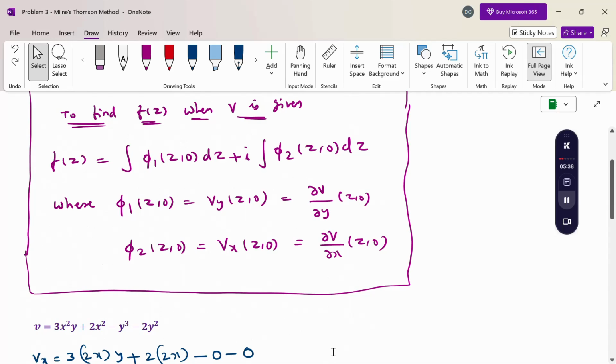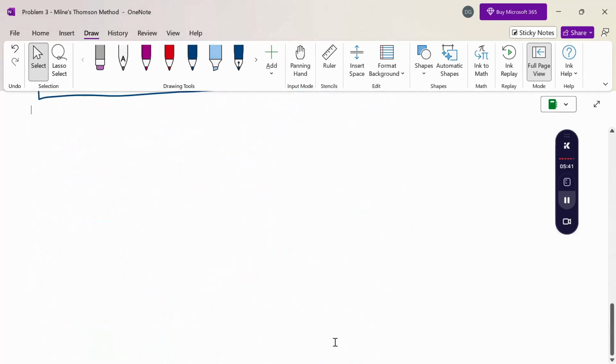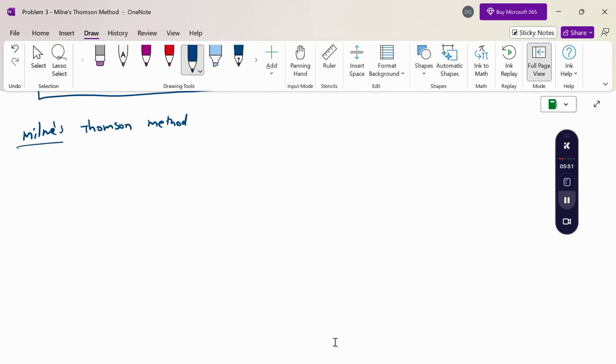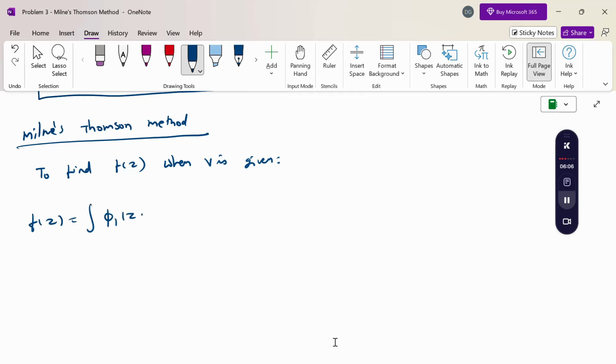So now, what is the formula for the Milne-Thomson method to find f of z when v is given? f of z equal to integral phi 1 of z comma 0 dz plus i into integral phi 2 of z comma 0 dz.